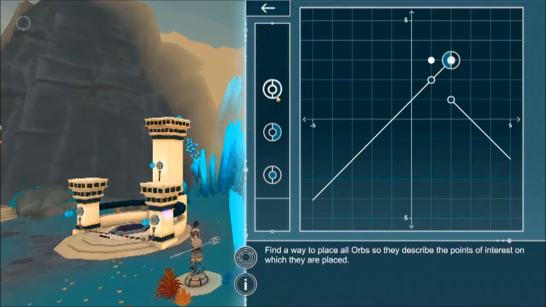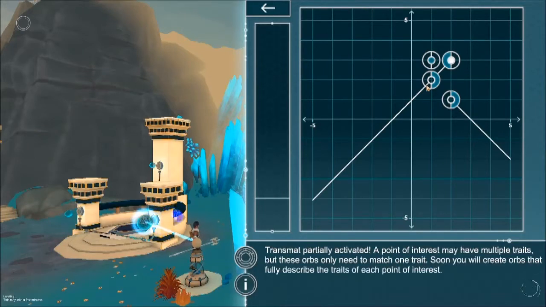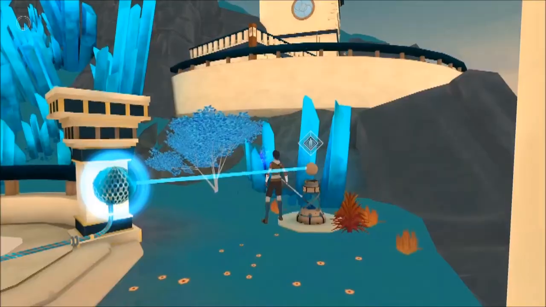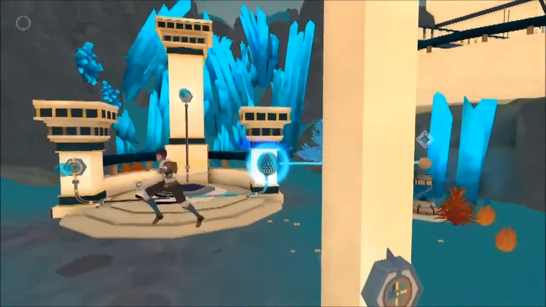So we've got that there, got that there, we've got that as a full point, and technically, okay, so as it says here, a point of interest may have multiple traits, but these orbs need only match one trait. Soon you will create orbs that fully describe the traits. So that comes in a bit later. Yeah. So I've got that one done.